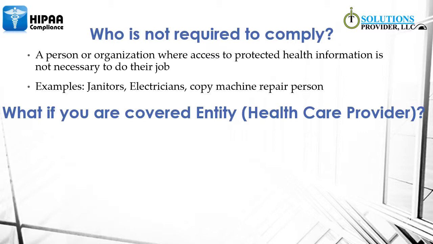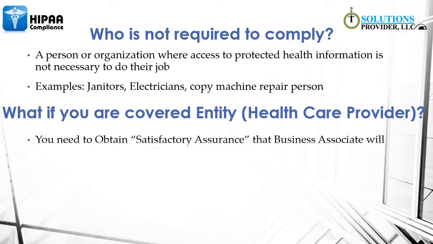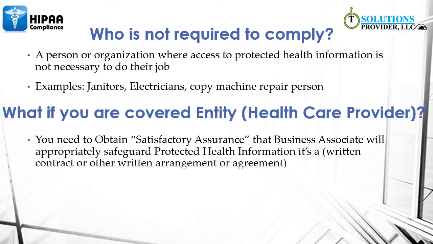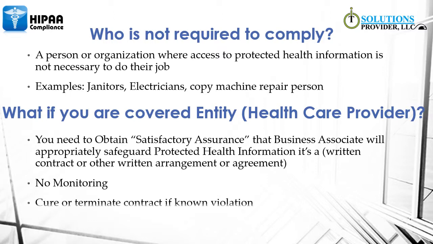You need to obtain satisfactory assurance that the business associate will appropriately safeguard protected health information. It is a written contract or other written agreement or arrangement. Then monitor, and cure or terminate the contract if there is a known violation.